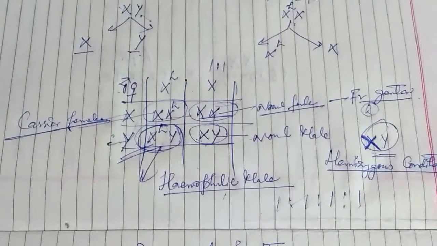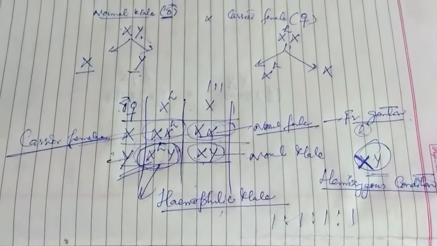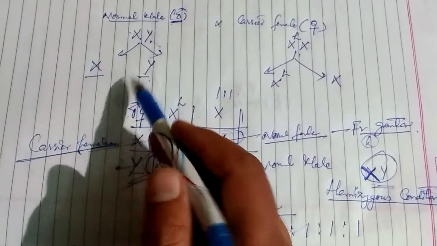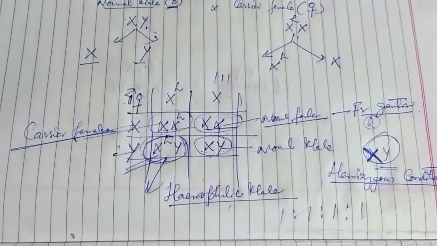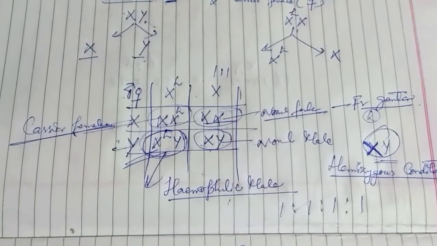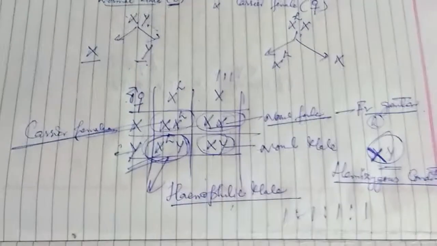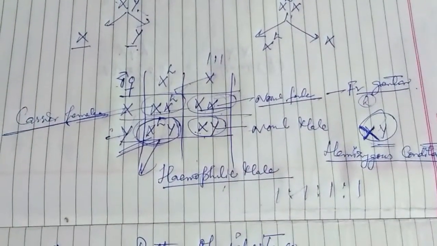Sometimes the question is asked in this way: if a normal male marries a hemophilic female, how many carrier females would be there out of the total females? You have to answer that 50% of the females would be carrier females.